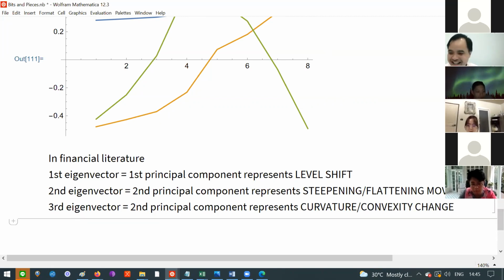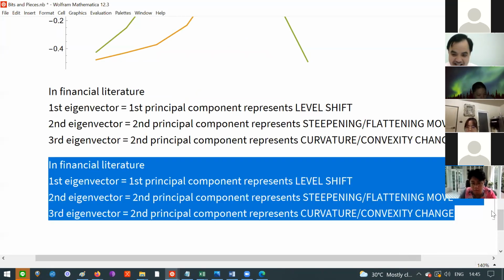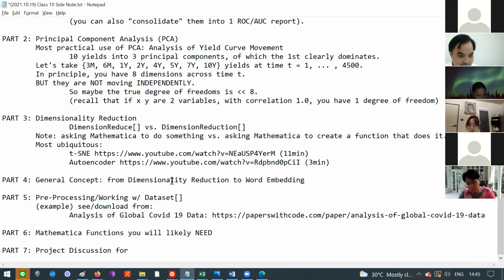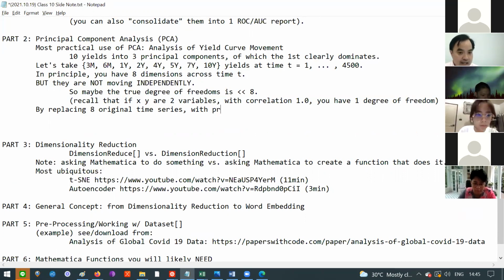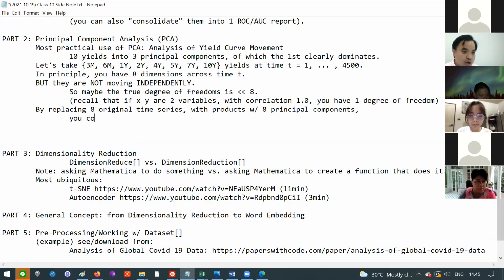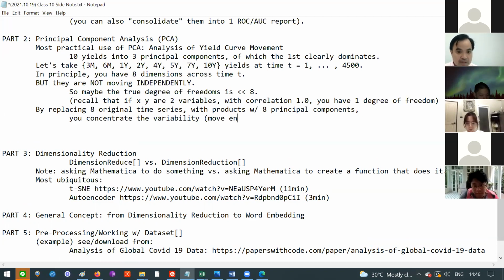In life, okay, so let me put it here. By replacing 8 original time series with 8 principal components, you concentrate the variability or movement in the first principal component.